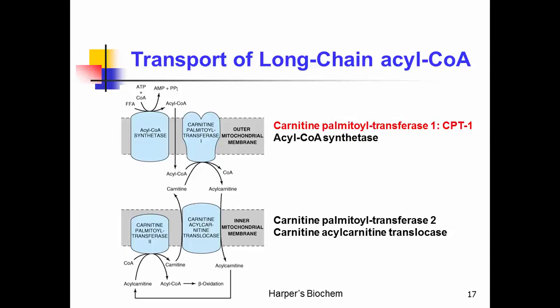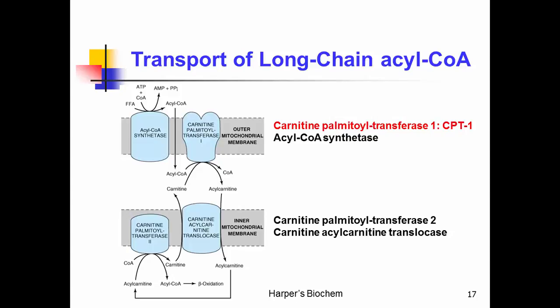I just mentioned that fatty acids are activated as fatty acyl-CoA in the cytosol and beta oxidation occurs in the mitochondria. So fatty acyl-CoA needs to be transported into the mitochondria across the mitochondrial membrane.